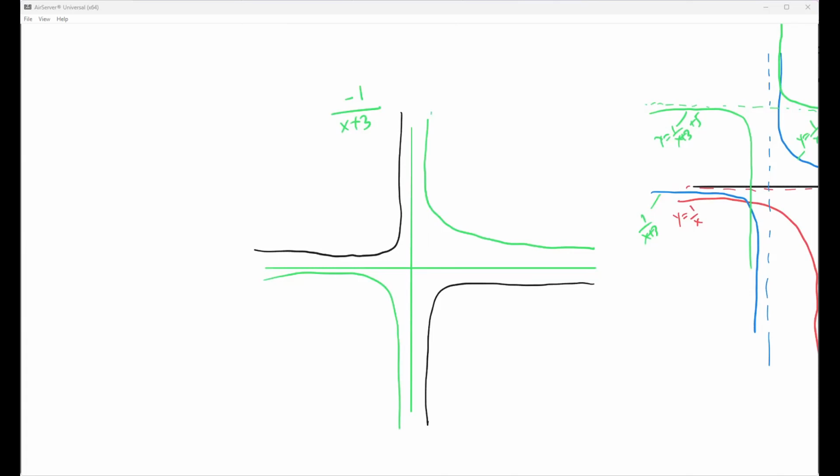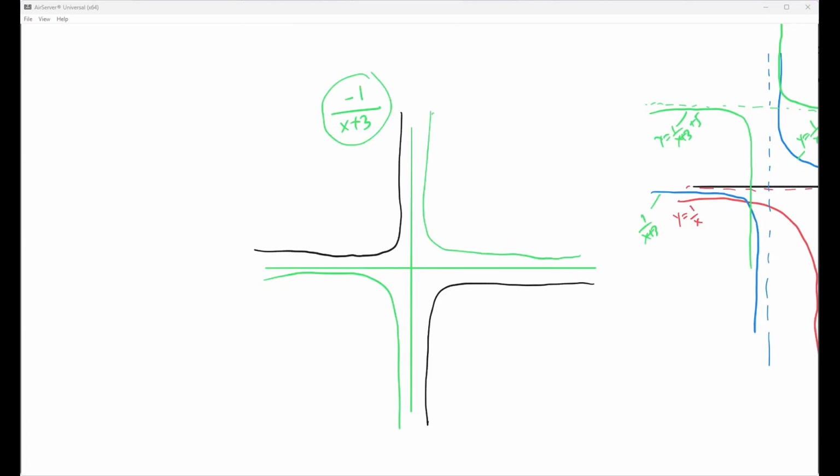Let me graph this a little bit better. It looks the same. Now how do we graph this? What do we have to do with the black graph right there?